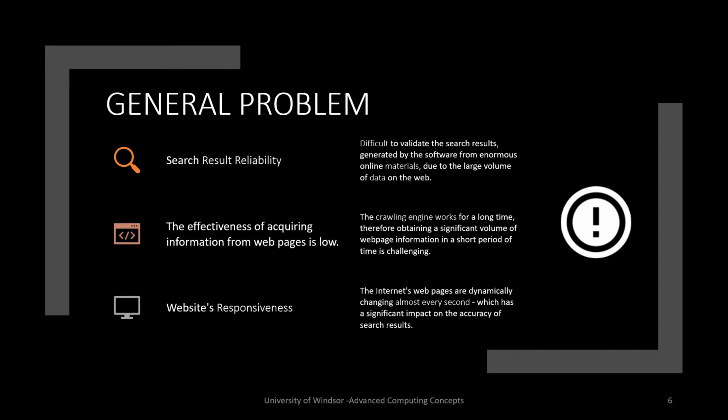Next one is low effectiveness in retrieving information, as obtaining a significant volume of information in a short period of time is very challenging. The last one is website responsiveness. Web pages over the internet are changing dynamically every second, and it has a significant impact on the accuracy of search results. Moving on to the next slide.